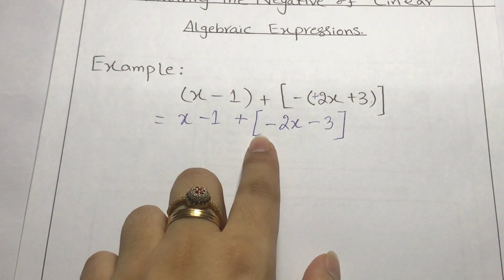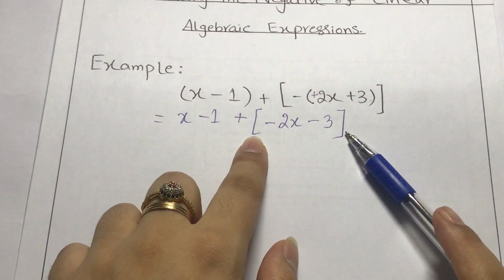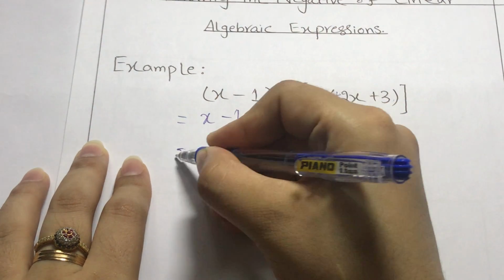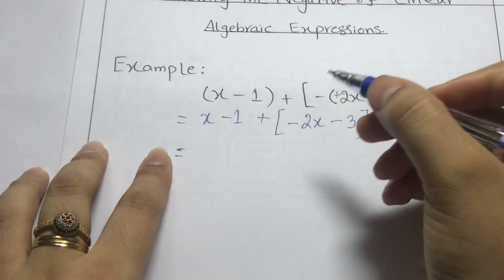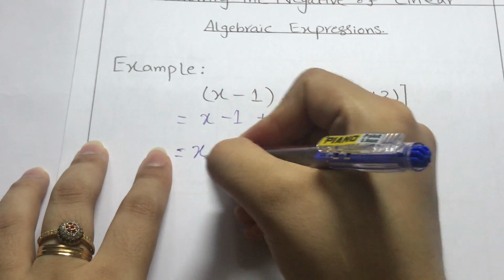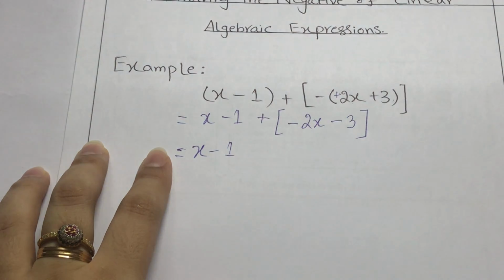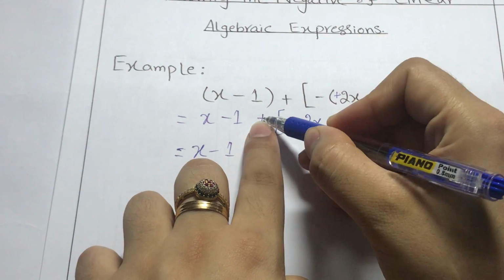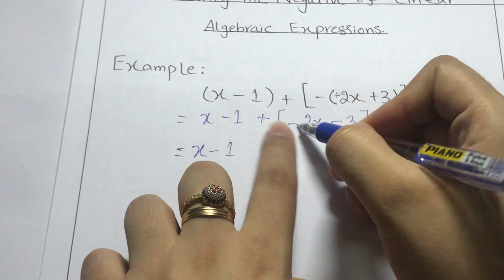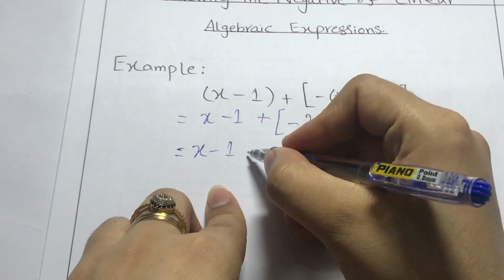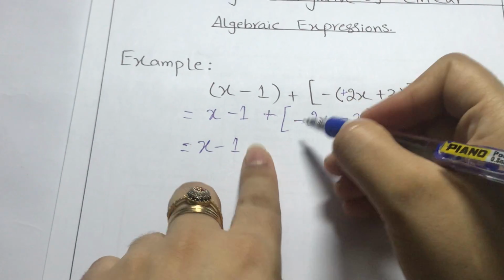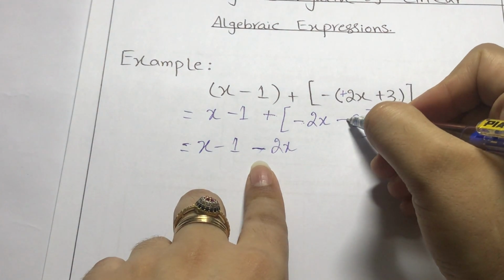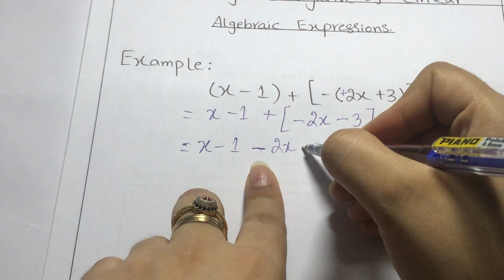Now you have to expand this square bracket, right? To expand this square bracket, you all know bracket means multiply. So first we will write x minus 1 as it is, right? Then bracket means multiply, so you will multiply this positive sign with this negative sign, plus minus minus, and 2x, and this positive sign will also be multiplied with this negative sign, so plus minus minus 3.